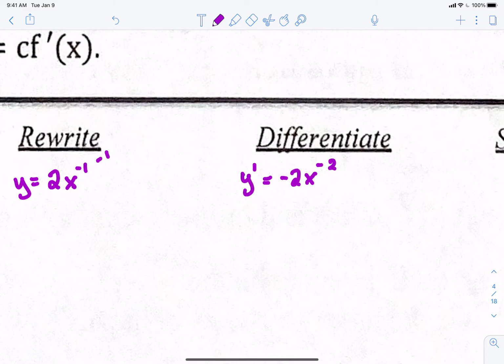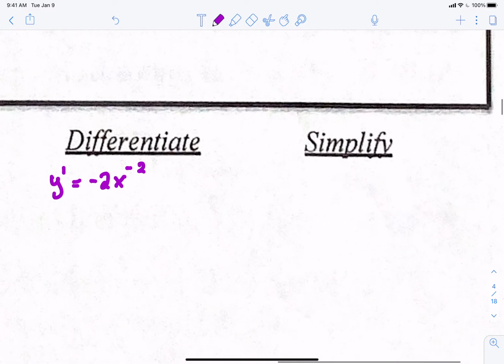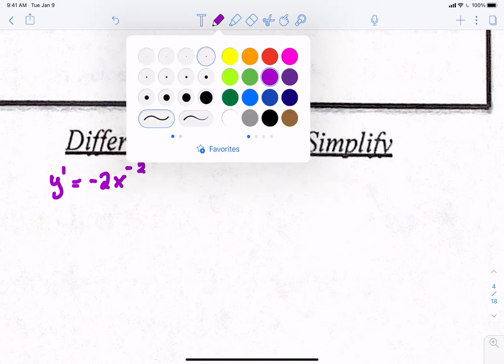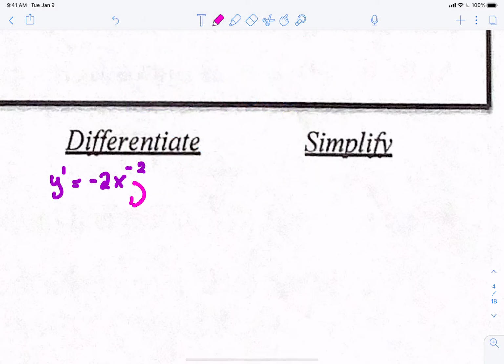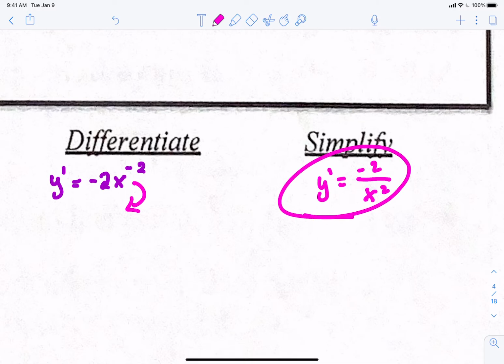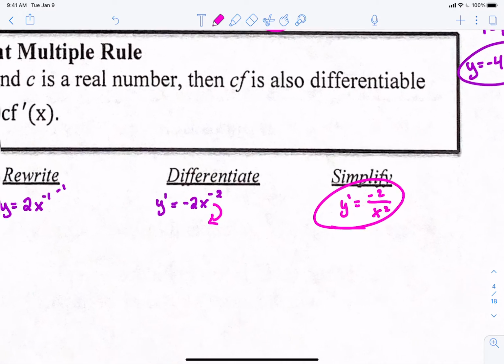Now we want to simplify, which means fix it. We want to put that x down below again. So y prime is equal to -2 over x squared. There's my simplification.